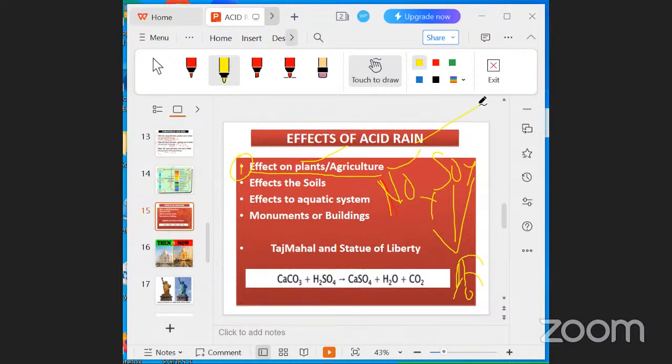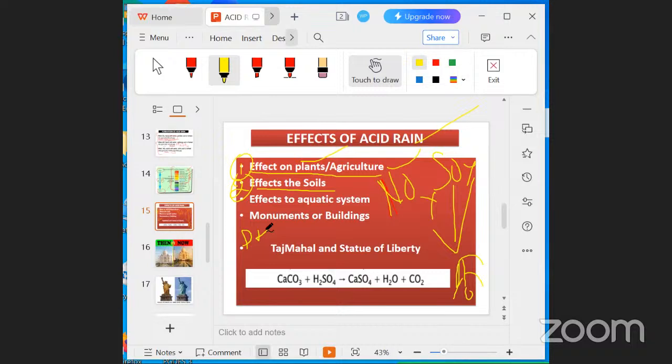Now the effects on soil, this is the second thing. Inside the soil there are many microorganisms which require a particular pH range for survival. But if the pH falls below normal, that is, it moves towards acidic, those microorganisms are not able to survive anymore.